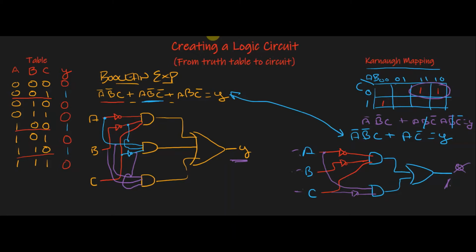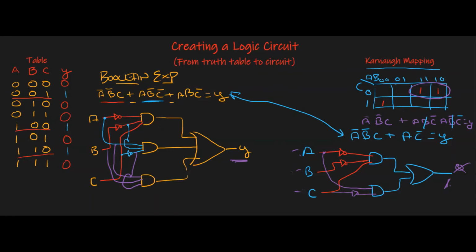All right, so let's recap. We have a table. Here's our table. We can choose the states that we want to have a 1 at. We then create a Boolean expression.